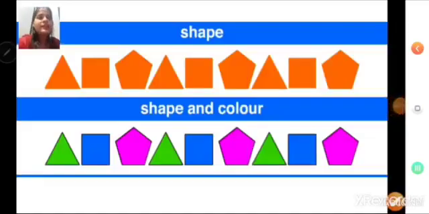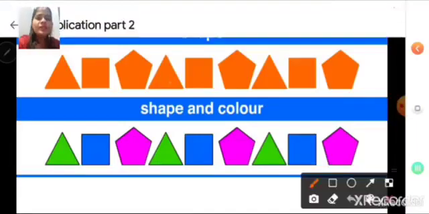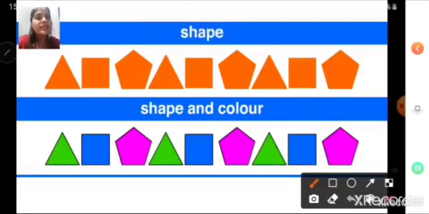Now look at these different shapes. You can see here the first one is a triangle. Then we have a square and then a pentagon. After that, again you can see a triangle, then a square, then a pentagon. Then again a triangle, a square and a pentagon.